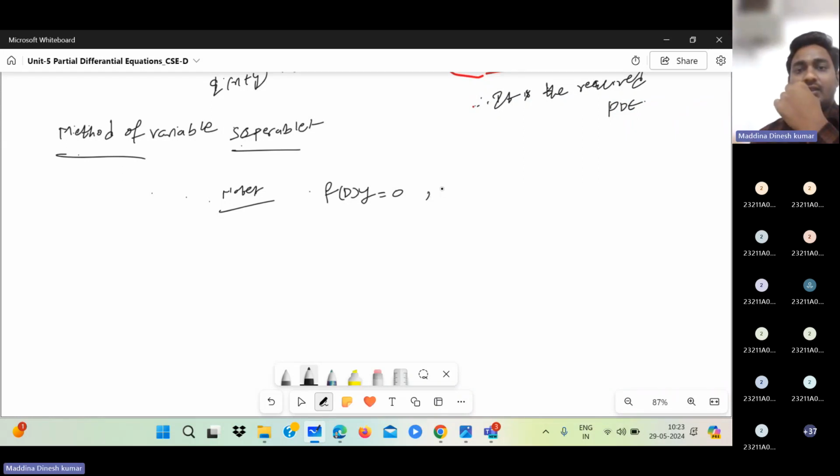the D operator is in the form of d by dx. That means the operator in terms of x.